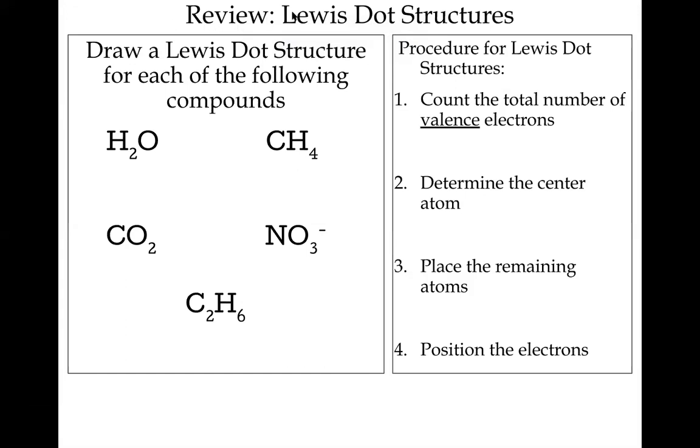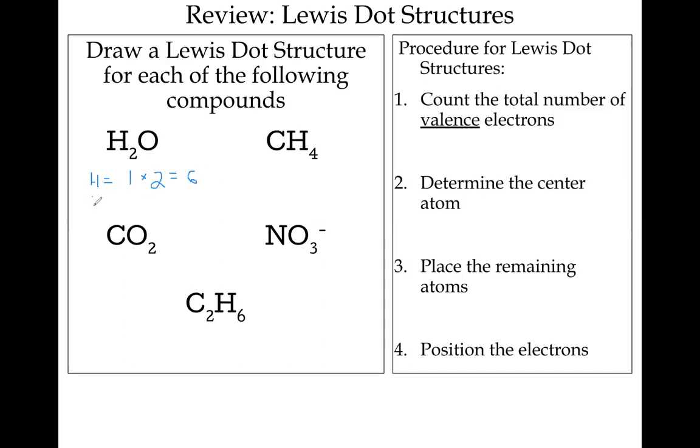So where's my annotate? Let's do this. Okay, so hydrogen has one, but then there are two of them, right? Two hydrogens, so times 2 equals 2.